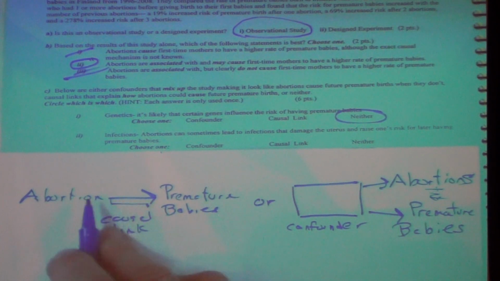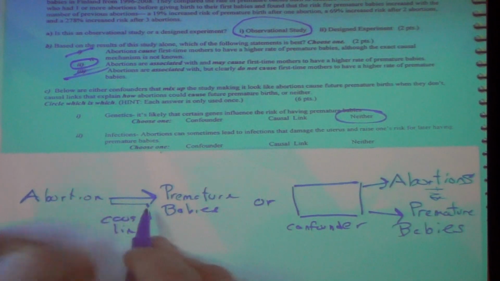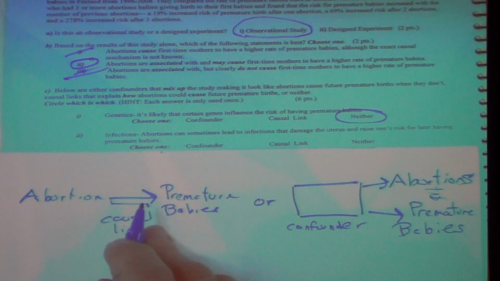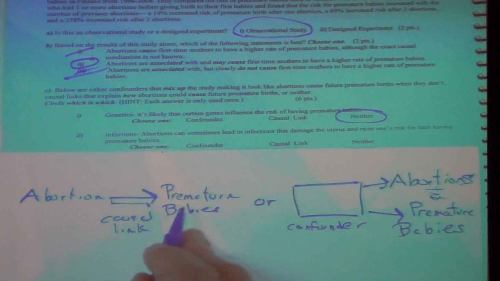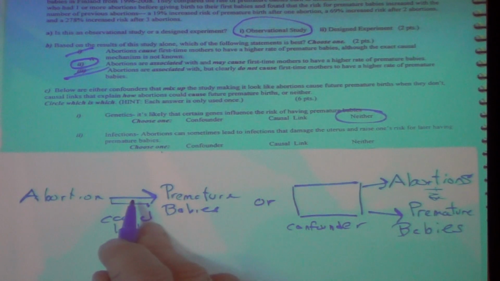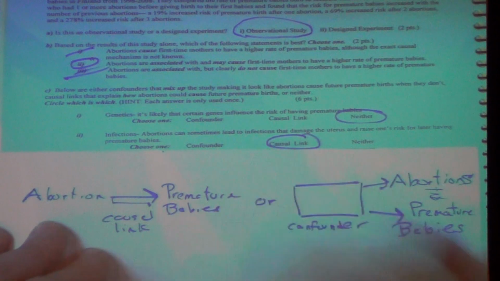Abortions can cause infections, especially if you have a shoddy one, and especially if you have repeated abortions, it might damage your uterus so it can't support a full-term baby. Doesn't it make sense to put that in here? Does everybody see that? Okay, so that's going to be your puzzle.